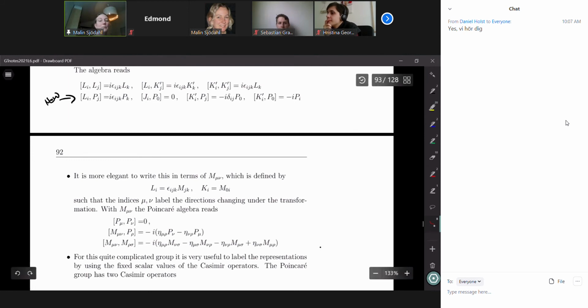First, nothing happened to our generators of translation, and they still stand here. But the commutator of rotations and boosts hiding in M with translations in rho direction can be cast into this somewhat shorter form. And similarly, if we take rotations and boosts with themselves, there is a one-liner for all of these statements up here. So it's a slightly more compact form.